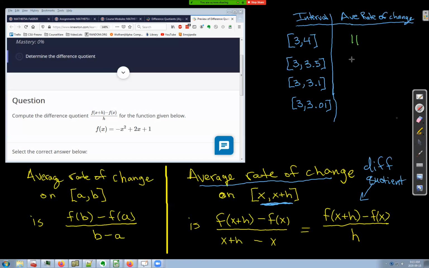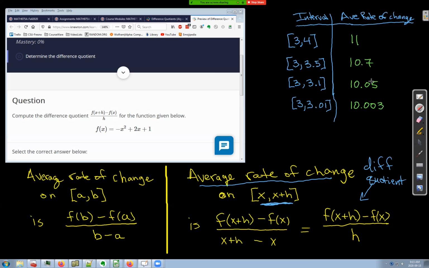And then maybe this number turns out to be 10.7. And then maybe this number turns out to be 10.005. And then maybe this number turns out to be 10.003.